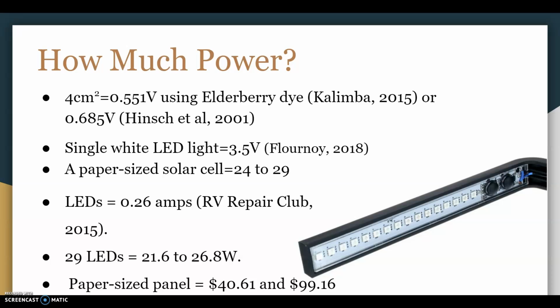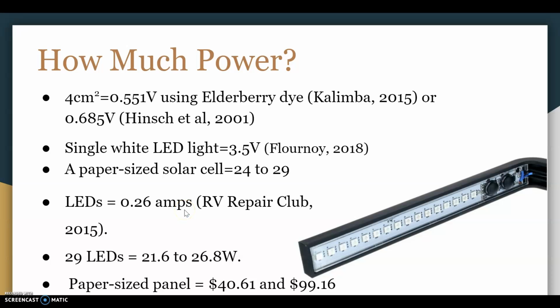In looking into making the solar panel, we have to look at the costs. Costs of solar panels in the United States are calculated based on the wattage. Now, we know about the voltage, but how do we get to the wattage? That's where amps come in. An LED light needs 0.26 amps.